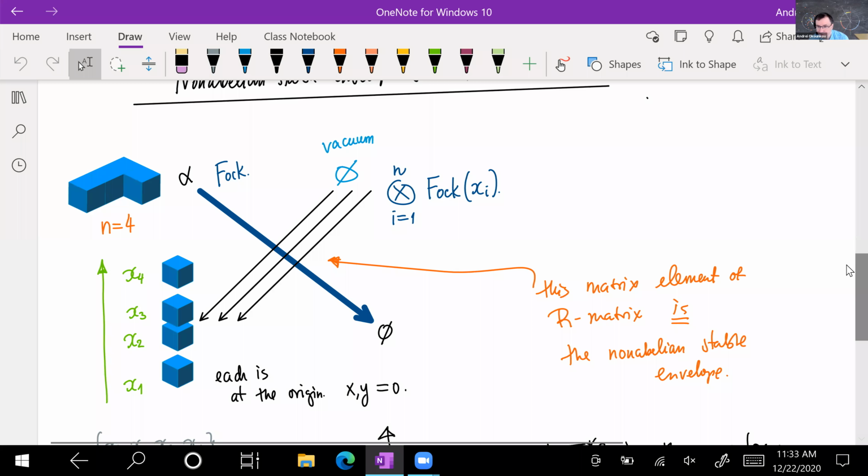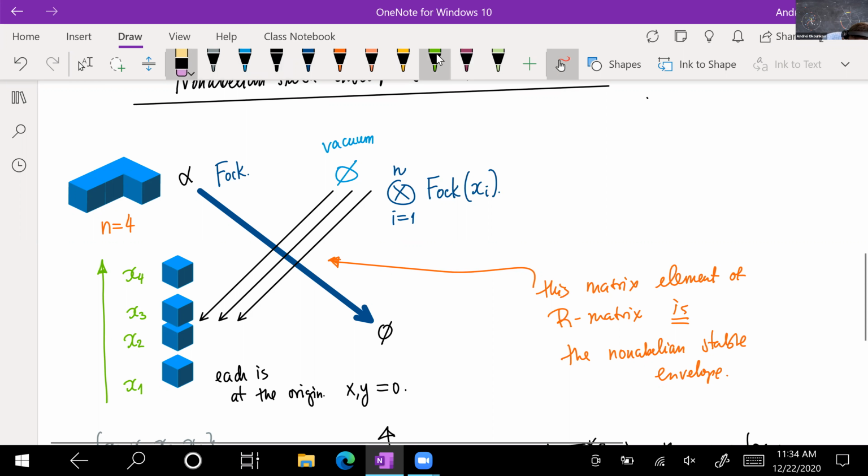So this is symbolic for some cohomology class, or by cohomology class I mean cohomology class or K-theory class, or elliptic cohomology class. So this is symbolic for this alpha here.